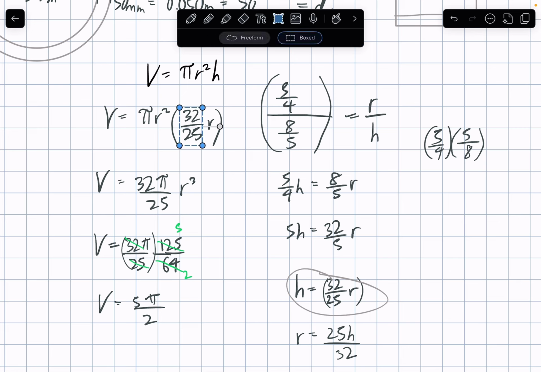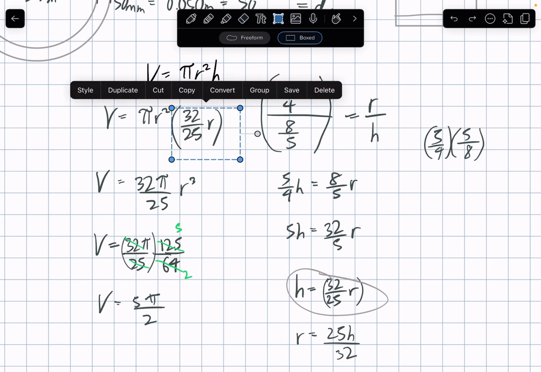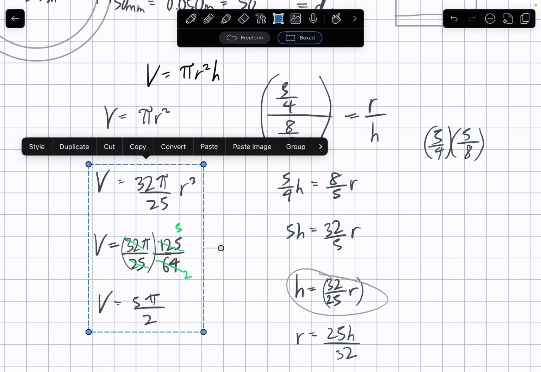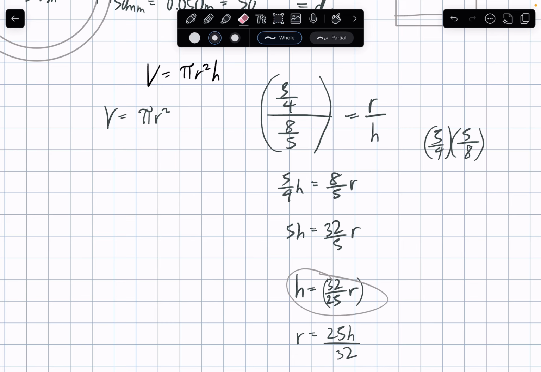Maybe, no. Looking for the volume, we have both the radius and the height, so I don't get why I decided to do that.